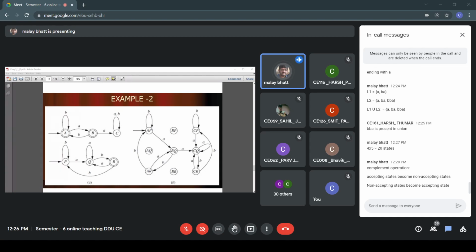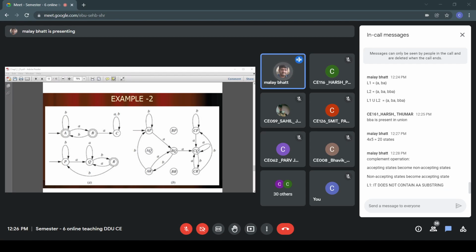You can see in this first diagram that it does not contain the substring AA in the first language L1, right? When you take L1 dash, the complement, or we can say L1 bar, it contains the substring AA.